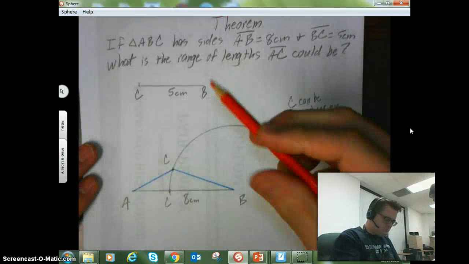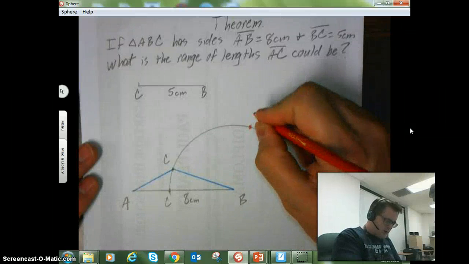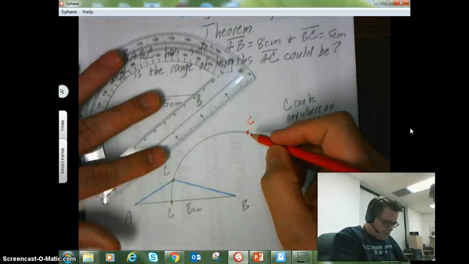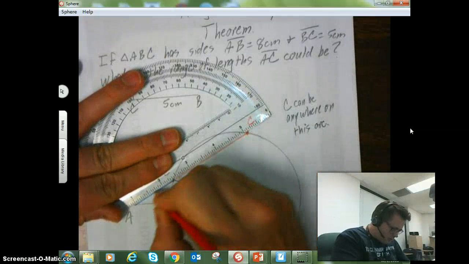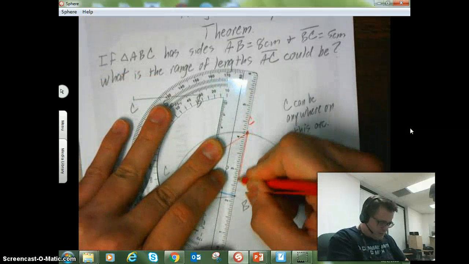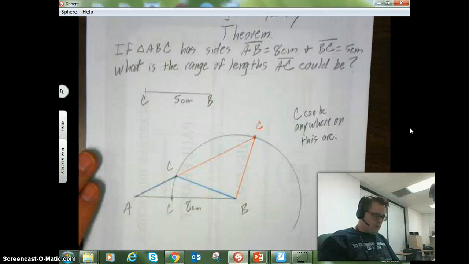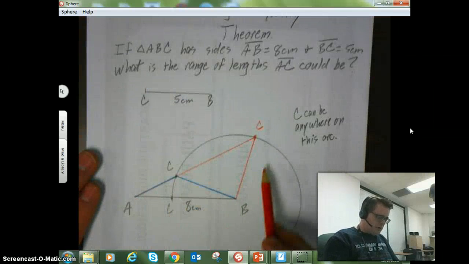So let's see what else we could do. Well, let's go here. Let's say that point C is right here. Looking at my construction, we would be able to complete the triangle here, and now we have, in red, triangle ABC.